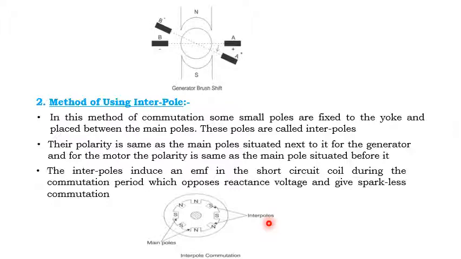The interpoles induce an EMF in the short circuit coil in the opposite direction, and this is called the reversing EMF, which opposes the reactance voltage. The reactance voltage is neutralized by the reversing EMF, which leads to sparkless commutation. So this is one more method, using interpoles.